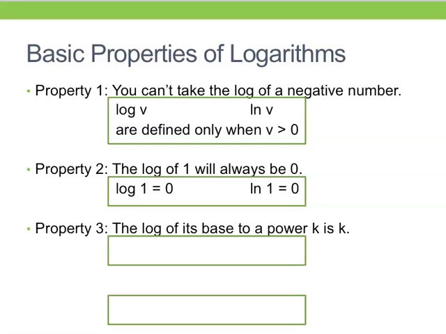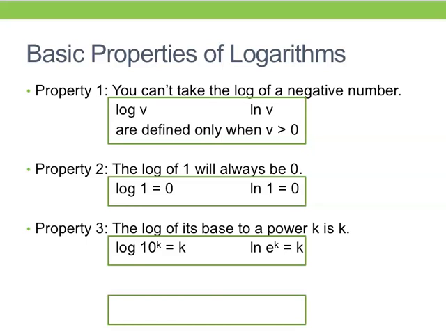The third property is that the log of its base to a power k is equal to k. Okay, so what does that mean? If you're looking at common log, if you take log of 10 to a power k, then you know automatically that's going to equal k. But note that it has to be 10 for common log.